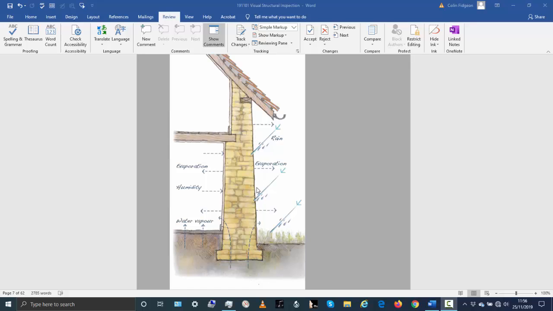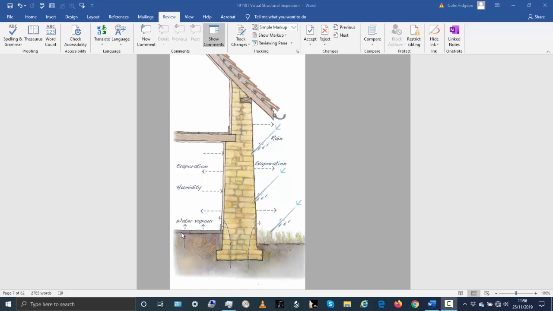Sometimes they applied a lime render, but sometimes not.